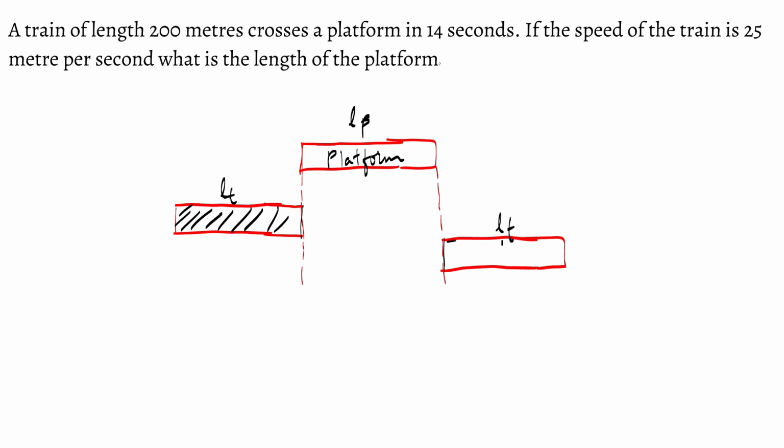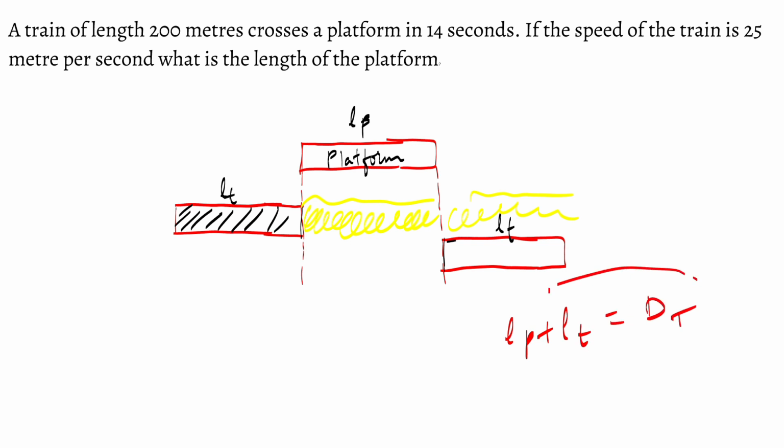Now if I ask you the distance traveled by the train, the train has traveled this distance plus this distance. This is LP and this is LT, so the train has traveled LP plus LT. This is the distance traveled by the train.